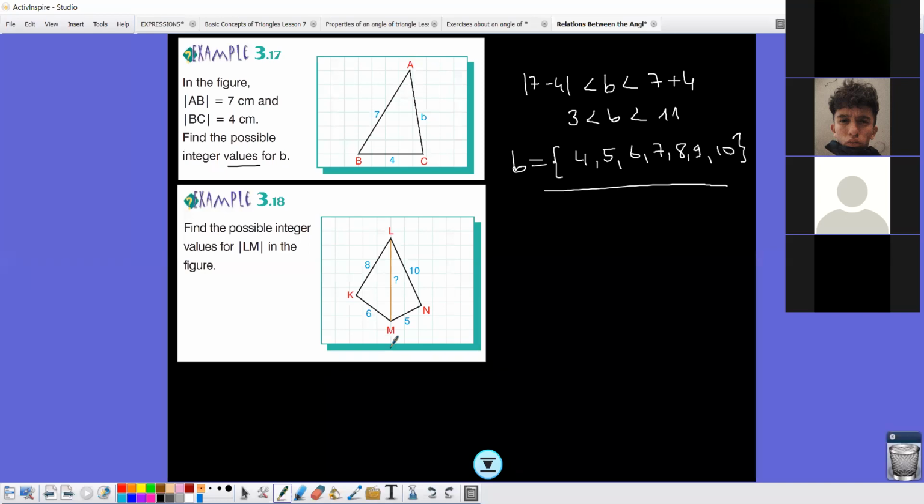So firstly, you will write for one triangle, then for the other one. And then we find the common intersection. Let's say that this side that we are looking for is X.